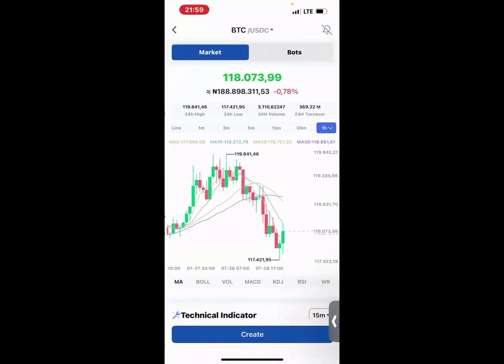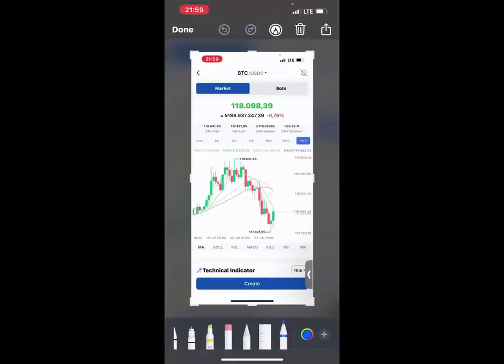this moving average is giving you the average price of BTC in the last 5 periods. Looking at just this MA5, the price represented here is the average price of BTC in the last 5 periods.